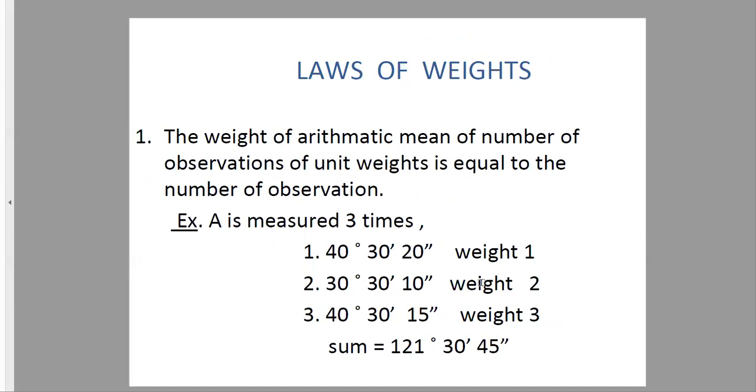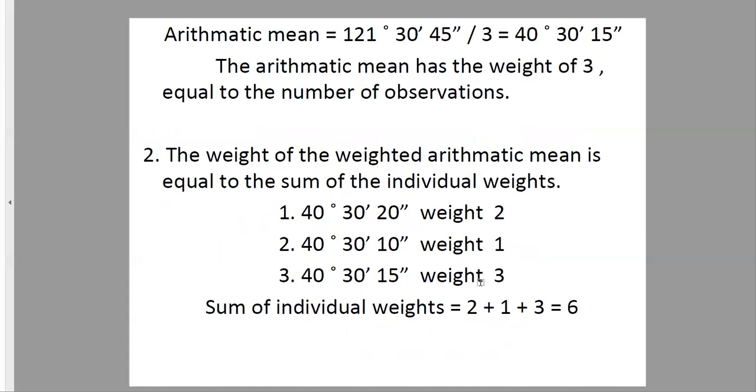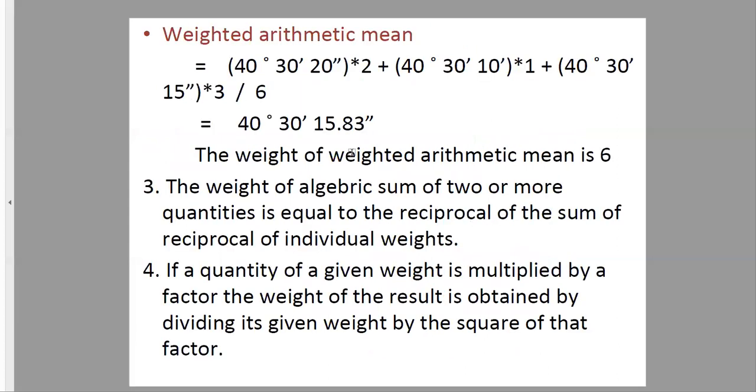In the mathematical arithmetic mean, we will not consider weights. We simply add the values and divide them by the number of values, the number of observations or readings. But the weighted arithmetic mean is calculated by multiplying the readings with their weights and then dividing by the sum of their weights.